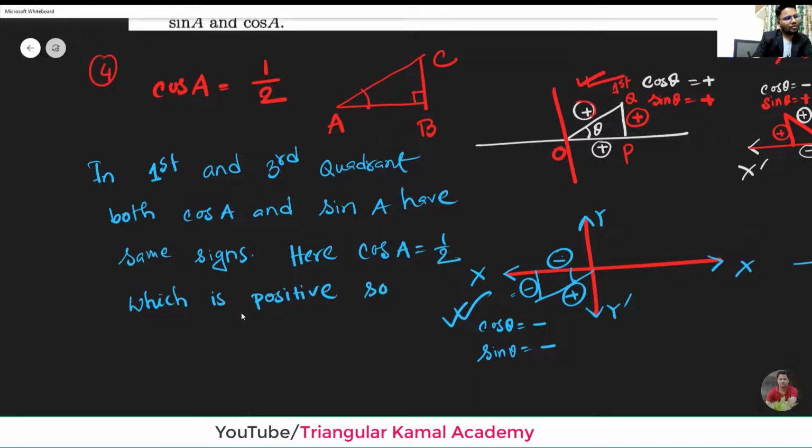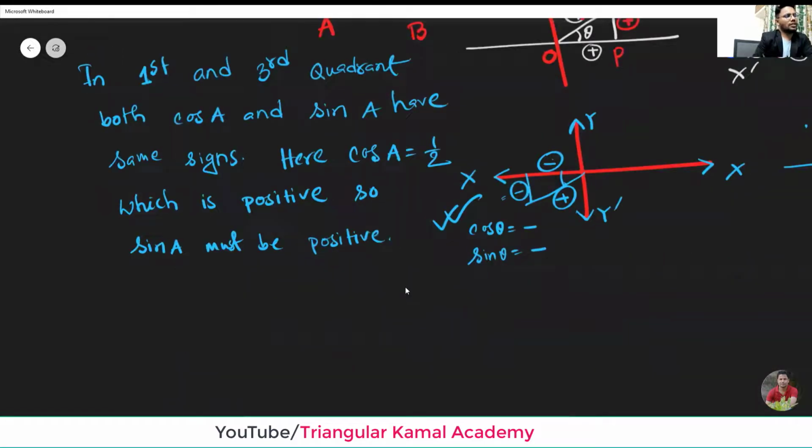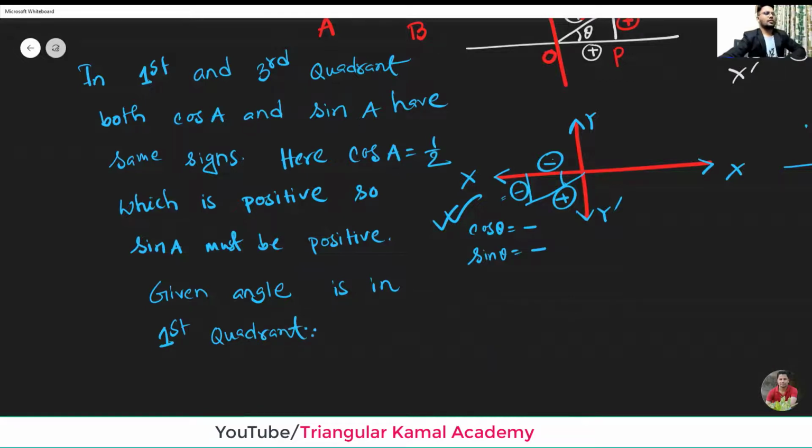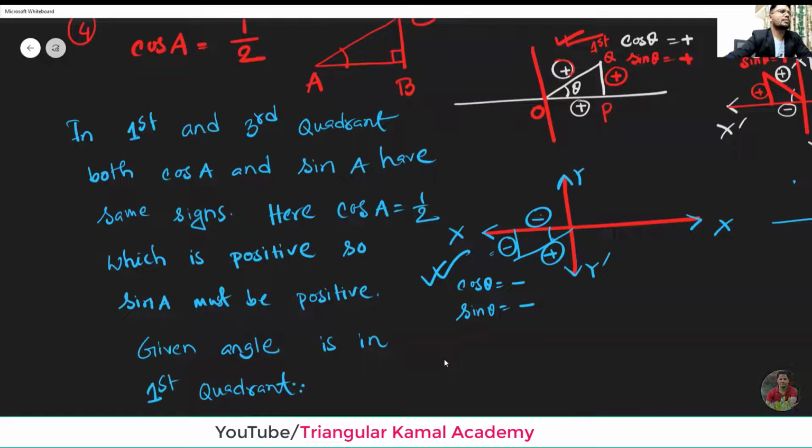So sin A must be positive. That means the given angle is in the first quadrant. So this is the information we can explain step by step.